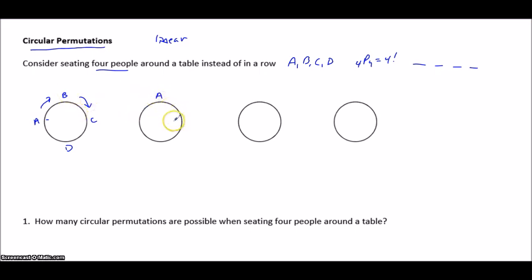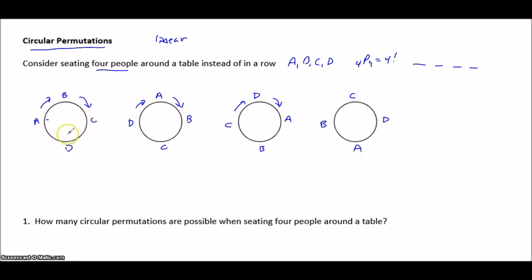So we have A at this seat, B, C, and D. Then we do the same thing again, moving everybody one spot around: A, B, C, and D. And then the last thing we're going to do is move them around one more position: A, B, C, and D.